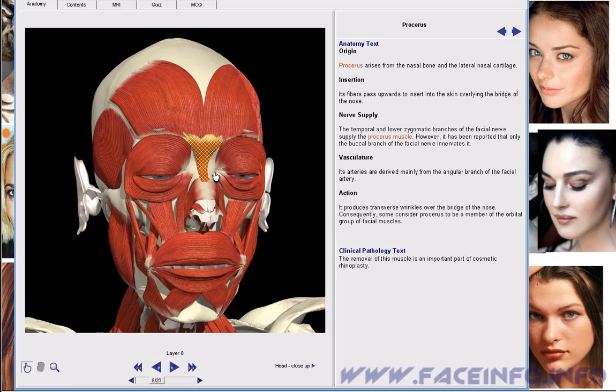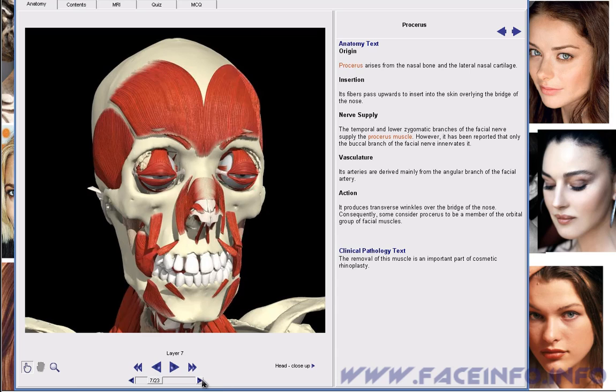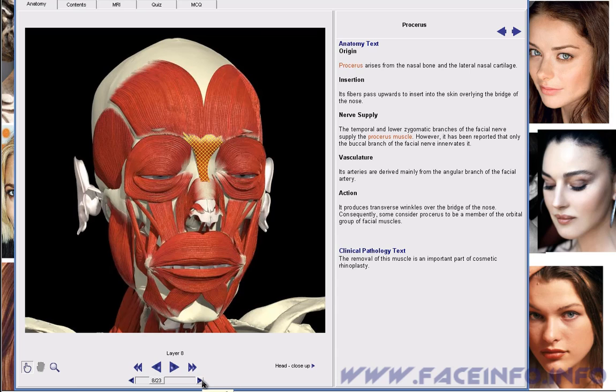So if the procerus muscle is weak, the shape of the bone is followed at this place. And if it's well developed and big, this place will look different and follow the shape of the procerus muscle.